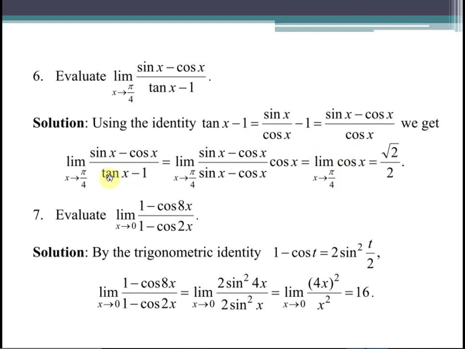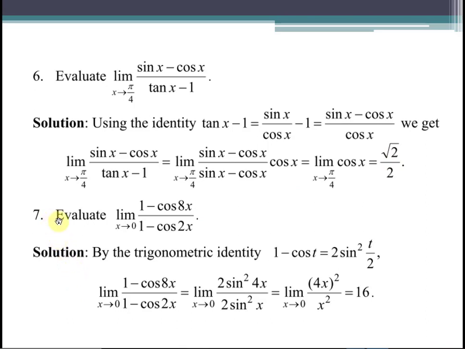Hence, as x tends to pi over 4, we can change tangent x minus 1 with this expression, sine x minus cosine x over cosine x. And they are cancelled, numerator and denominator. We have just the limit as x tends to pi over 4 of cosine x. This is square root of 2 over 2.